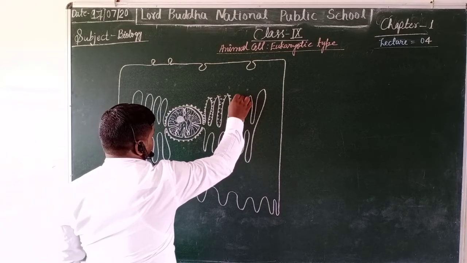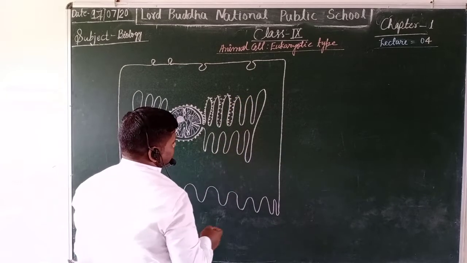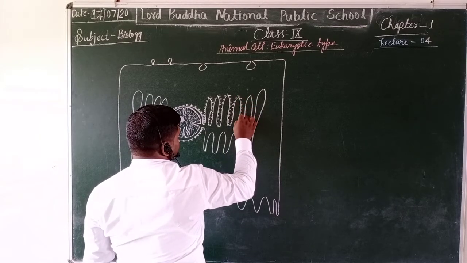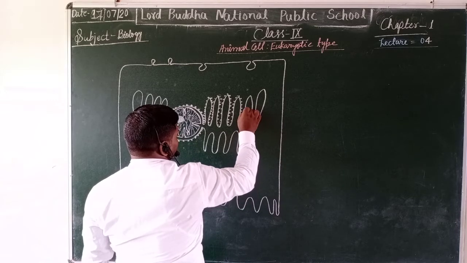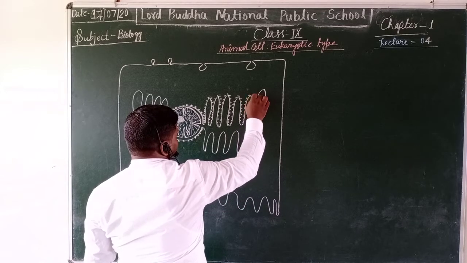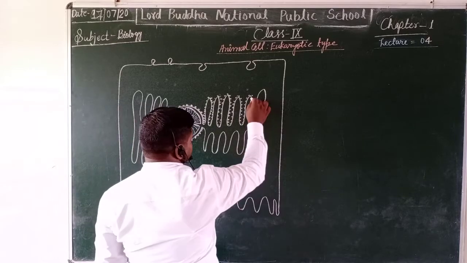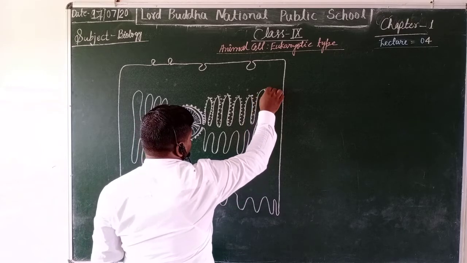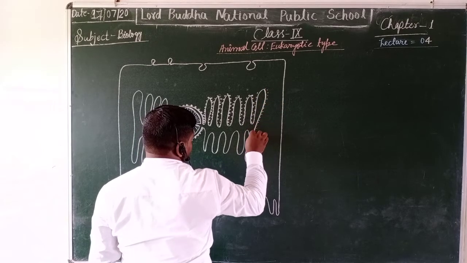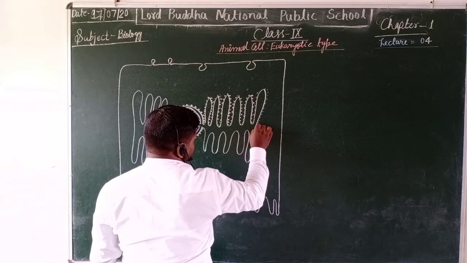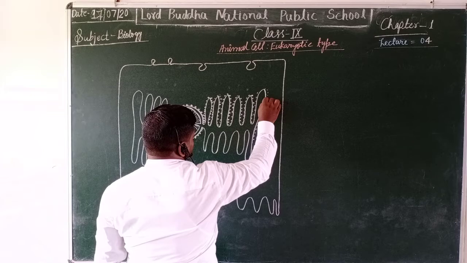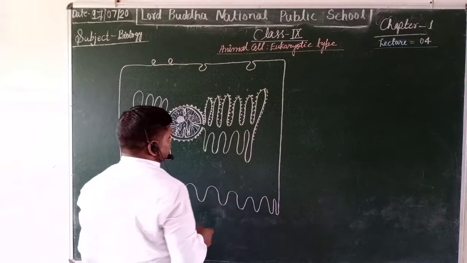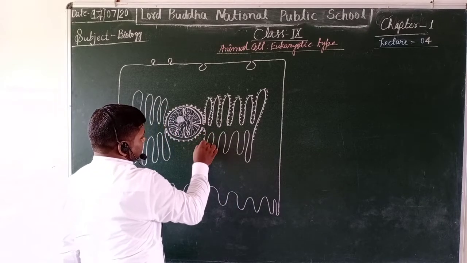These ribosome particles are attached to the outer surface of the endoplasmic reticulum, which acts as an apparatus for synthesis of proteins. Like these dotted structures, an indefinite number of ribosome particles are present on the surface.